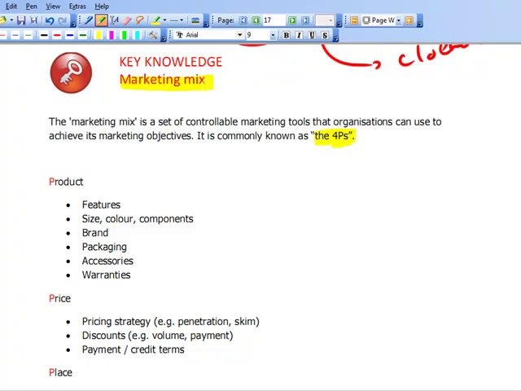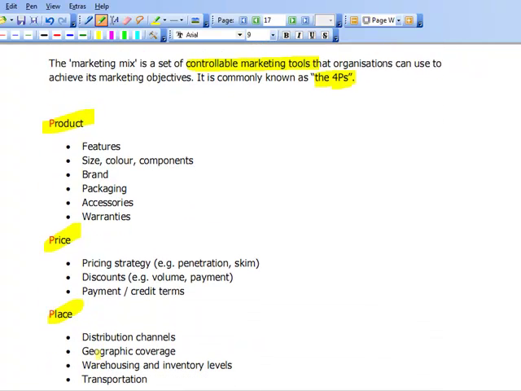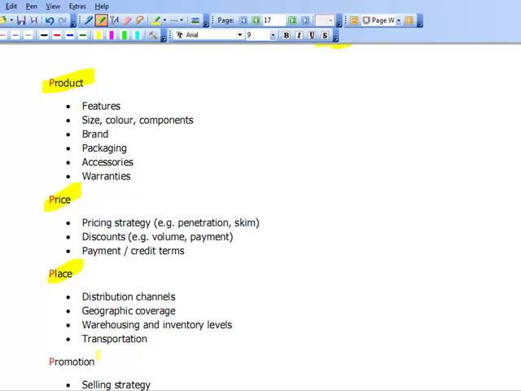Now, the marketing mix is a set of controllable marketing tools that organizations can use to achieve their marketing objectives. It's a set of controllable variables. And we have product, price, place, and the final P out of the 4 Ps is promotion.